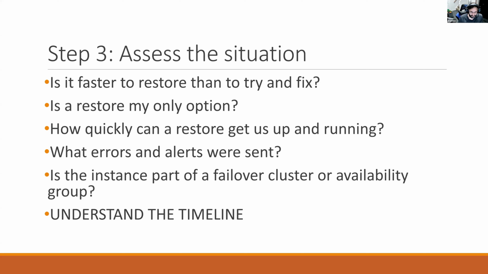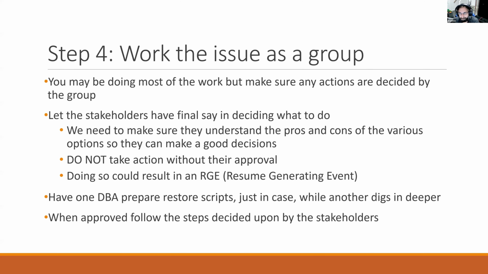You need to look at any errors and alerts. Are you part of an availability group? Is there an option? Do you need to fail over to work on that database? All right. Could you just reseed? Right. All this to say, you need to understand your timelines and your options here that are not getting in there and trying to repair this thing.